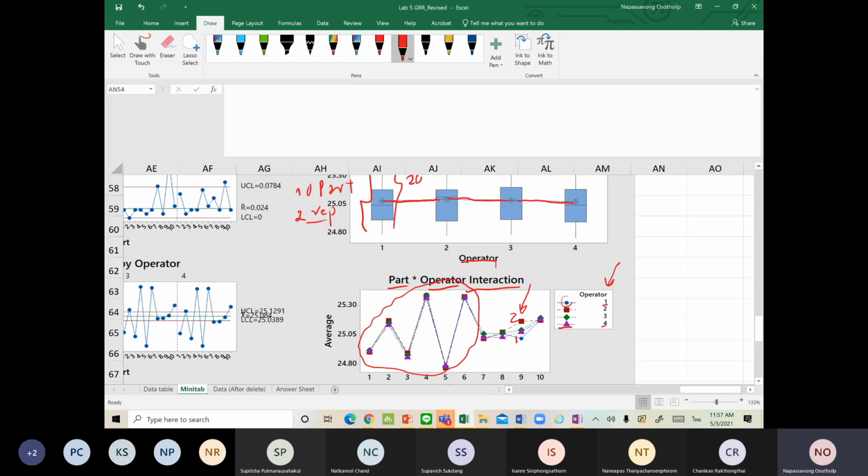If it is measured by operator 2, you tend to have this much value, but if it's measured by operator 1, you tend to get lower values. It's not the same for part number 1, where the operators tend to give very small difference. So that means the measurement for which part is dependent on the operators.